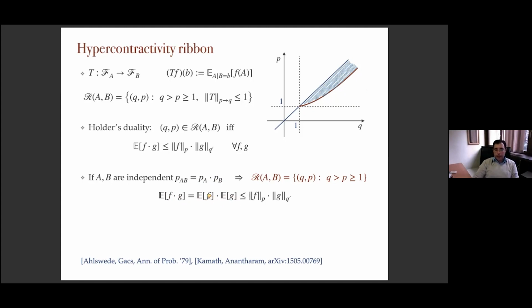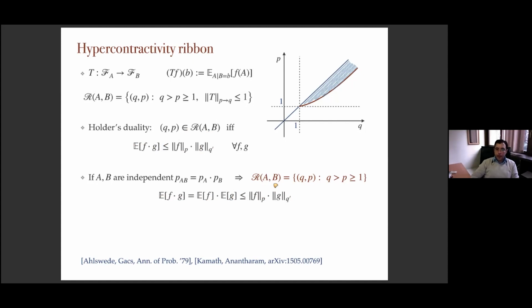So the expectation of F is at most the P norm of F, because P is greater than 1, and this is essentially the 1 norm, right? And similarly, the Q prime norm of G is an upper bound on the expectation of G. So the product is an upper bound on the product, and using this dual characterization of the hypercontractive ribbon, we realize that any Q and P belongs to the hypercontractive ribbon.